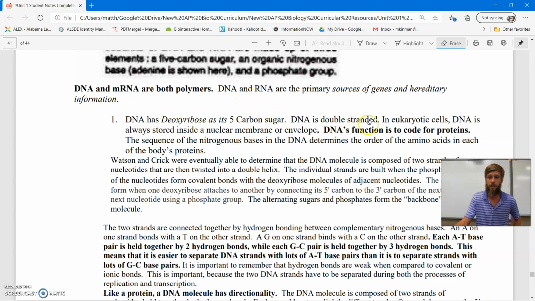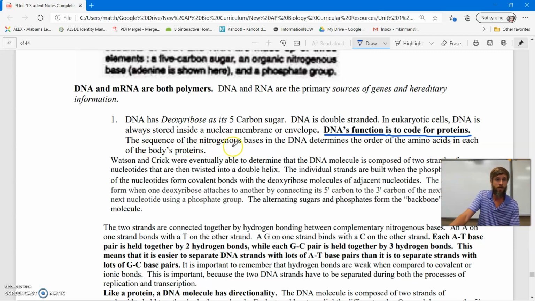DNA is double-stranded. In eukaryotic cells, DNA is always stored inside a nuclear membrane or envelope in the nucleus. I don't know if you remember, but from the 9th grade, you have a nucleus inside of your cell with DNA inside of it. What is DNA's function? Right here, highlight this so that you know. DNA's function is to code for proteins. All right, so from DNA, we get our proteins, which is the previous thing that we just talked about.